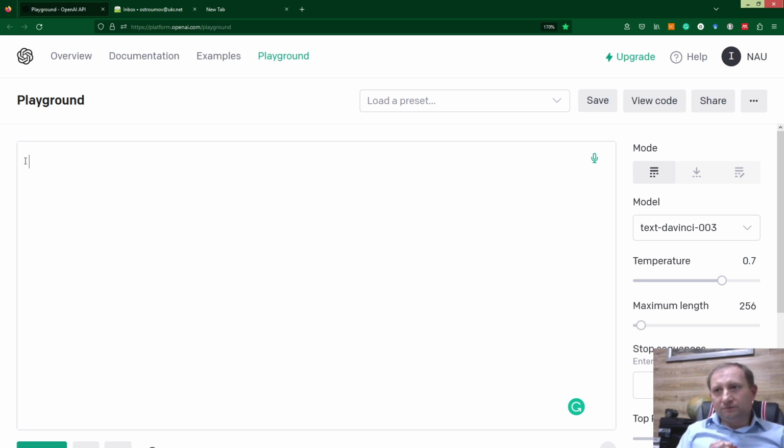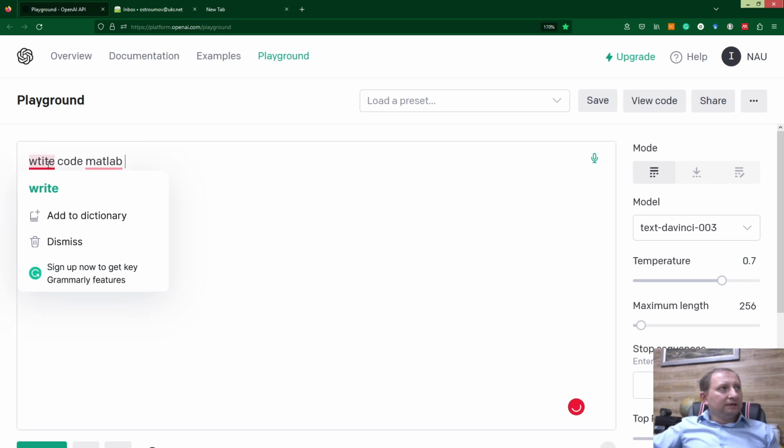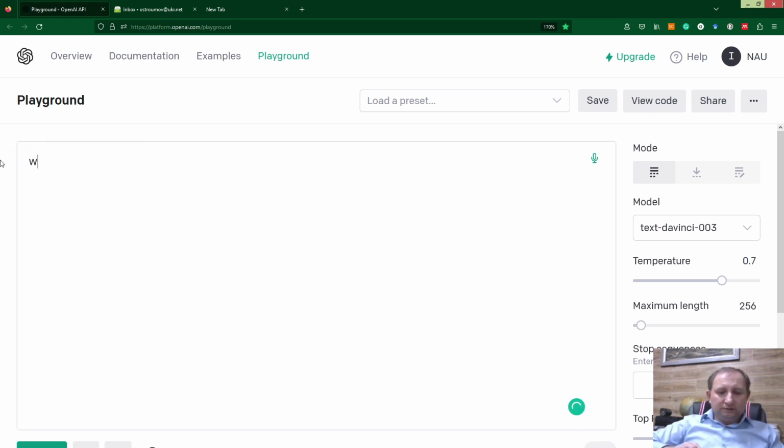And first of all, we will start by telling what we need to do. Write code in MATLAB 2016.